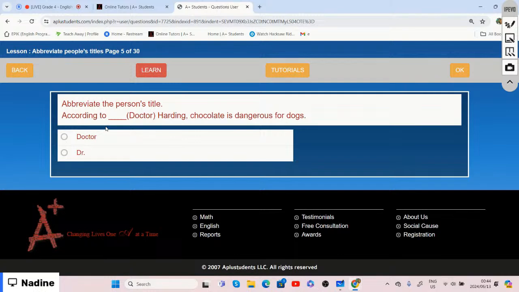It says, according to Dr. Harding, chocolate is dangerous for dogs. So if we abbreviate doctor, is it option one where we write the whole word doctor, or option two where we say DR period?